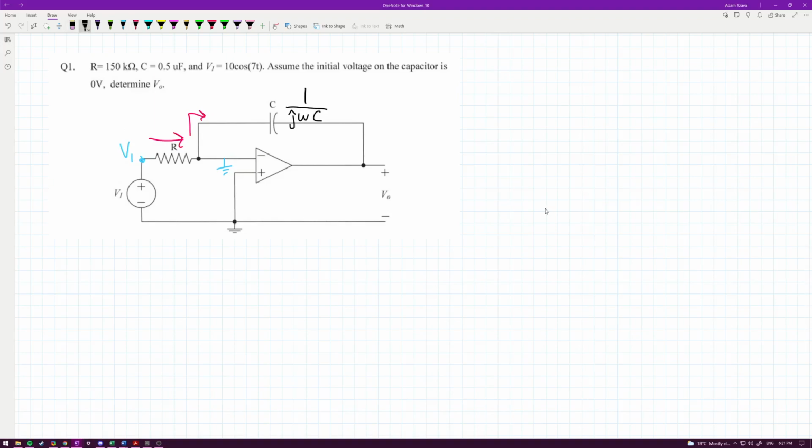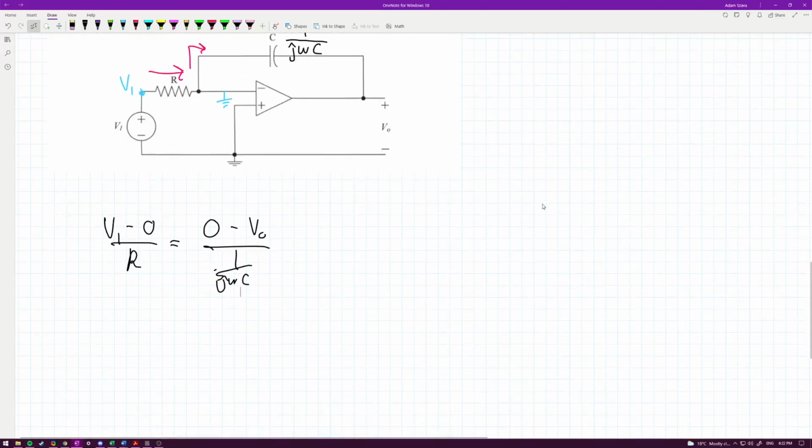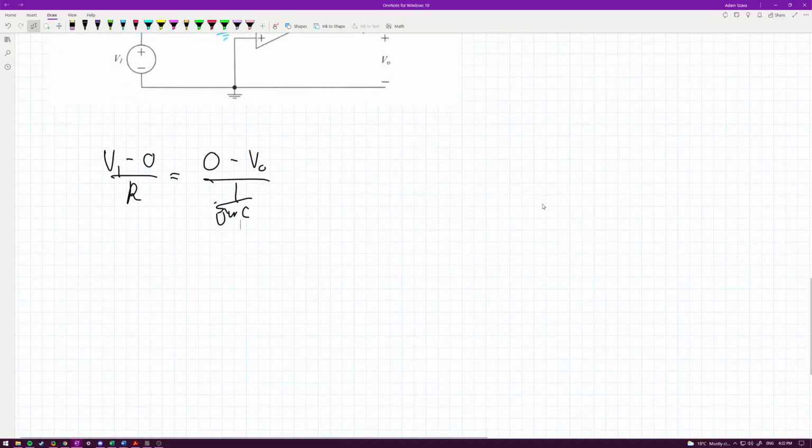So the current this way is, again, just V1 minus 0 over R. And that's equal to the current going this way, which is 0 minus VO over 1 over j omega c. And I can just solve for VO now.